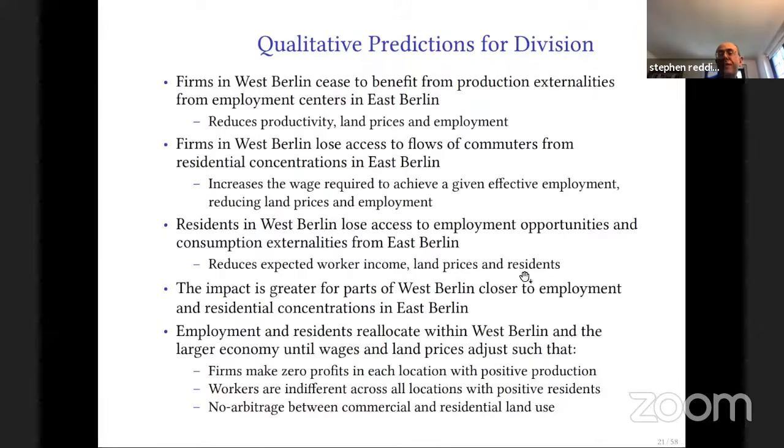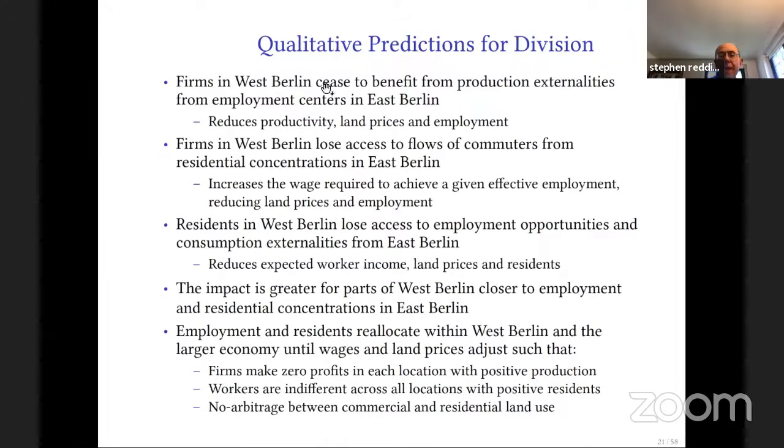The number of residents is going to fall as it becomes less attractive to live there. And it's going to reduce the land prices they're willing to pay, because residential externalities have gone down and commuting market access has fallen. So all of these forces are going to lead to a population outflow from West Berlin to the wider economy, as indeed you see in the data. West Berlin shrinks in size in the data.